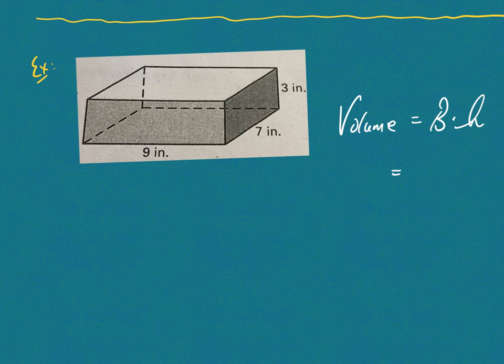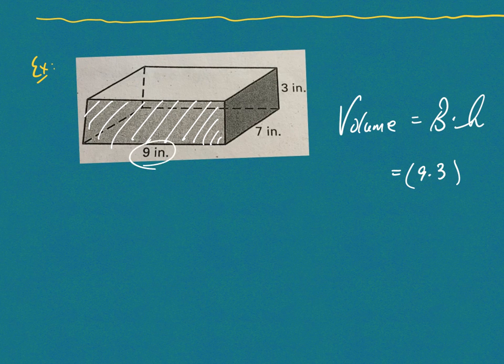It absolutely doesn't matter. As an example, if we were to think of the base as being the front, then to calculate that area for the base, we say, well, how do we find the area of that shape? That shape, of course, is a rectangle. And the area of a rectangle is its length multiplied by its width.